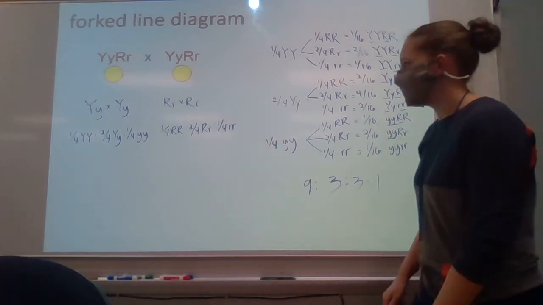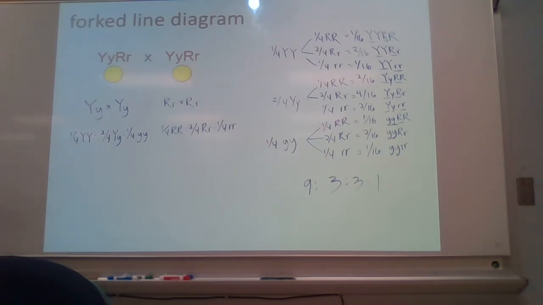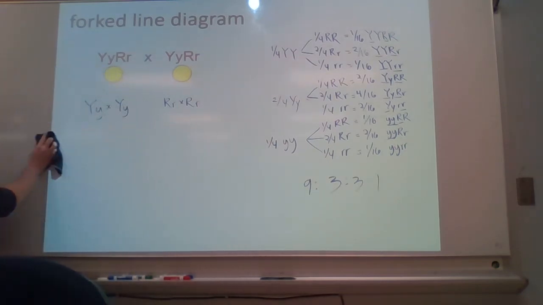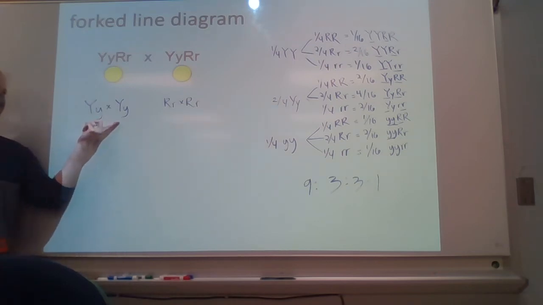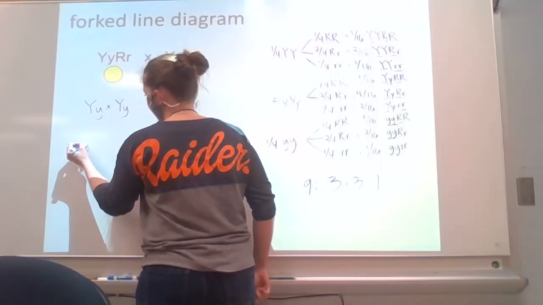This gets even simpler if the question doesn't require you to find the genotypic ratios. If you just want to find the phenotypic ratios, much smaller diagram. Because what's your phenotypic ratio from this cross? 3 to 1. Same for this, 3 to 1. So the diagram's a lot smaller.